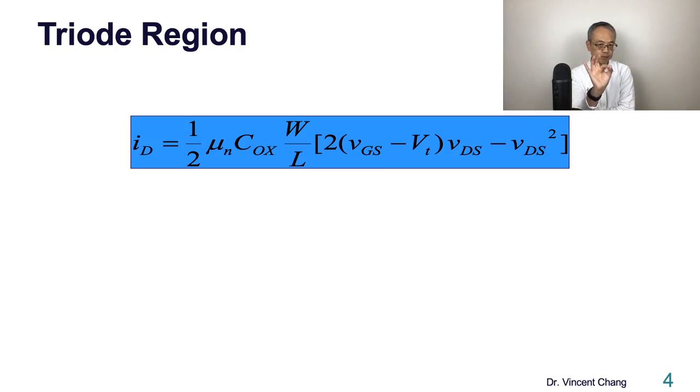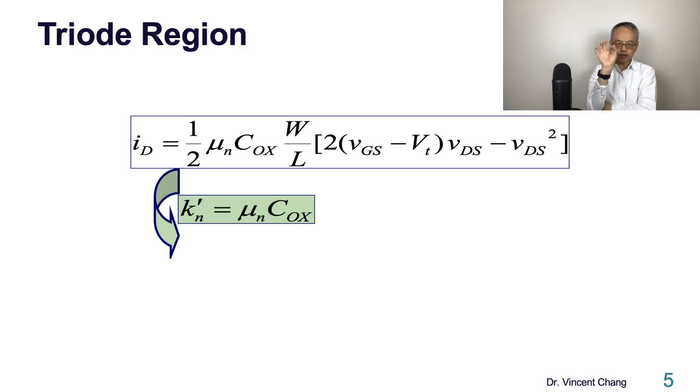Based on what we learned from the previous lecture, the derivation of the current voltage characteristic in the triode region, here's the answer. ID equals half mobility times oxide capacitance times the geometry ratio, channel width W over channel length L, times the overdrive, VGS minus VT, times VDS, minus VDS squared.